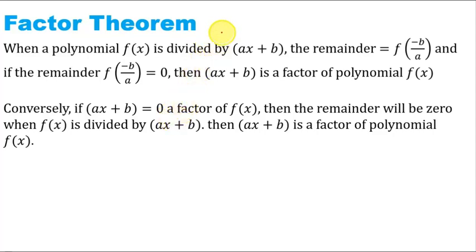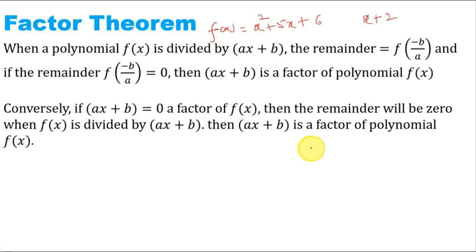Now consider the polynomial f(x) = x² + 5x + 6. Suppose this polynomial is divided by x + 2. Then x + 2 = 0, means x = −2. Now we see f(−2).